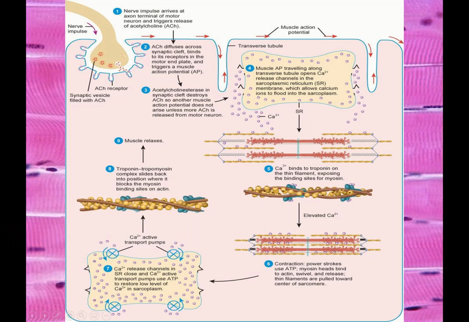Now, of course, the muscle can't stay contracted forever, so what happens next in order for that muscle and that sarcomere to relax is the calcium has been used up, okay, and then the calcium active transport pumps will then stop the release of calcium into the sarcoplasm.